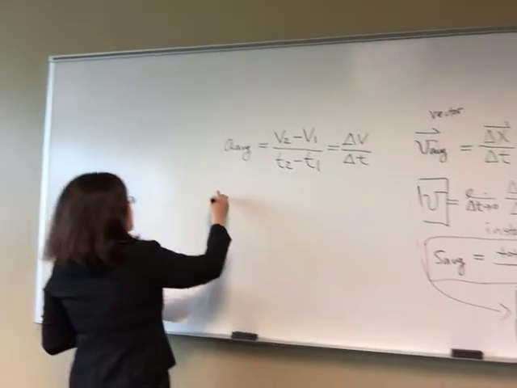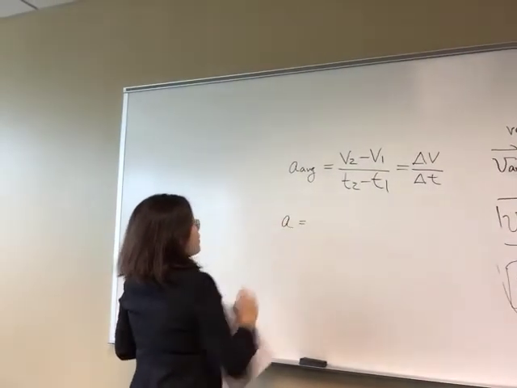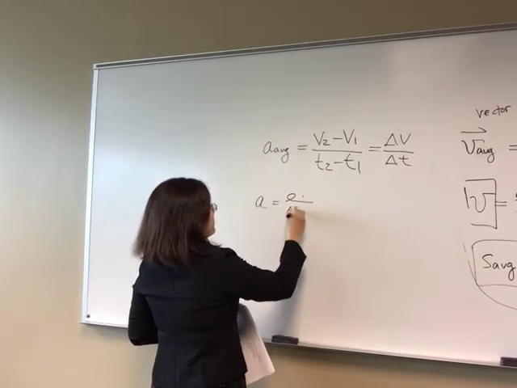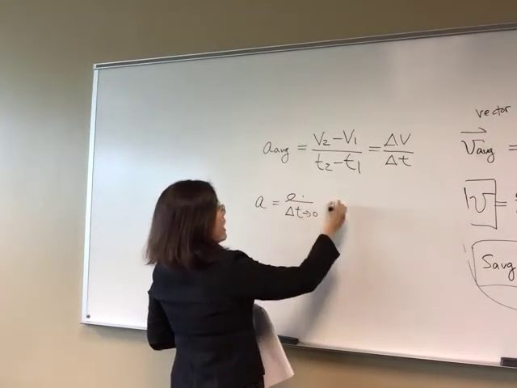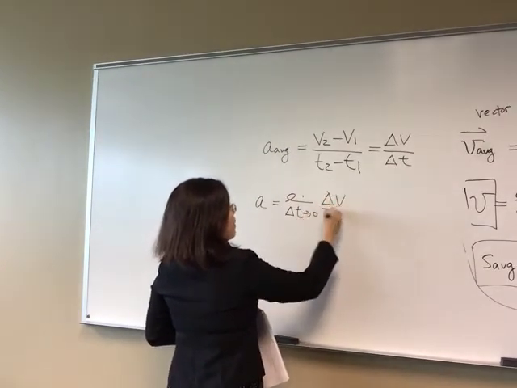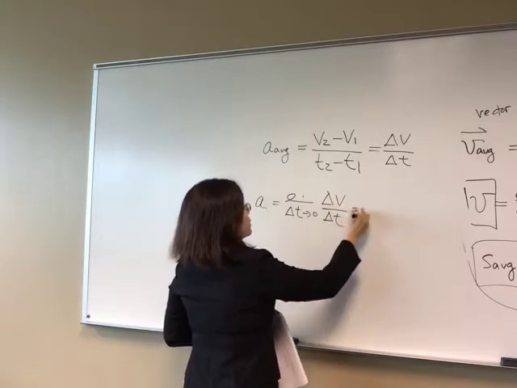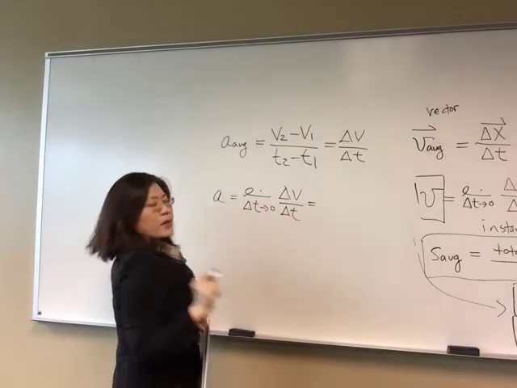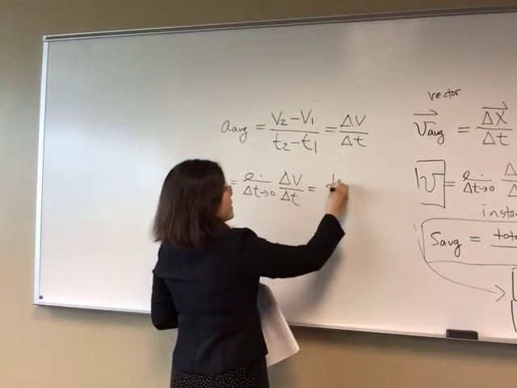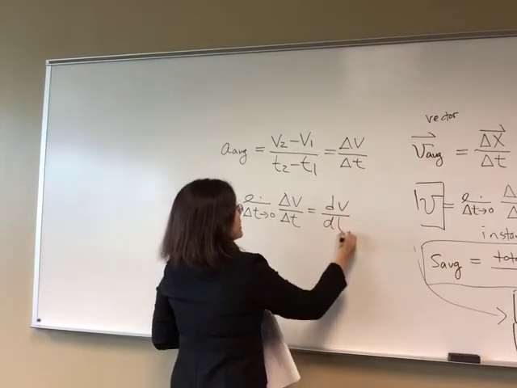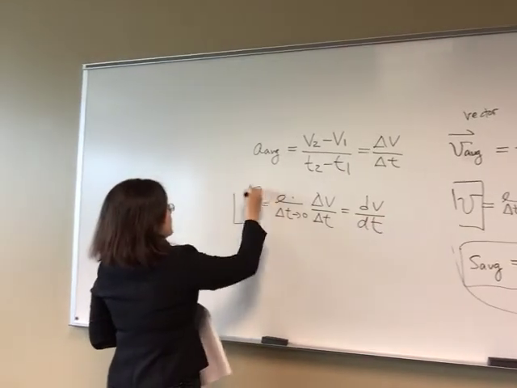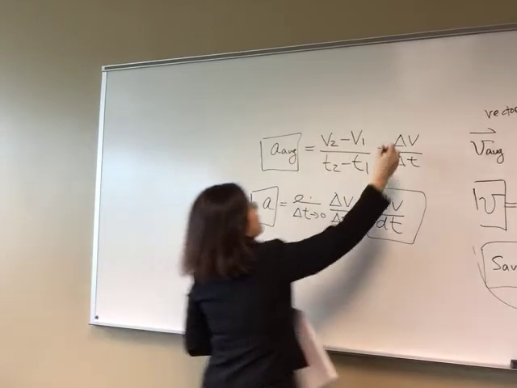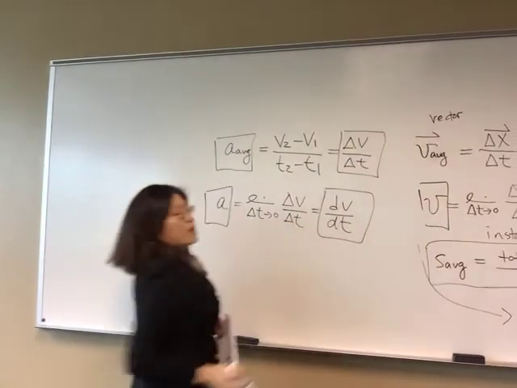So you have your a, dropping the avg, and you have delta v over delta t, which, when delta becomes very small, becomes dv over dt. That's the definition of instantaneous acceleration, dv/dt. Average acceleration is delta v over delta t.